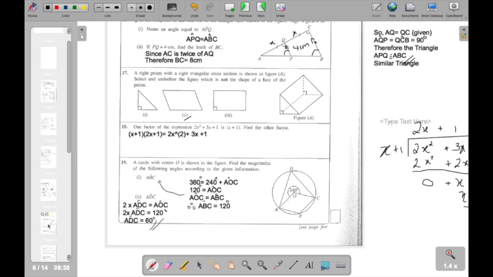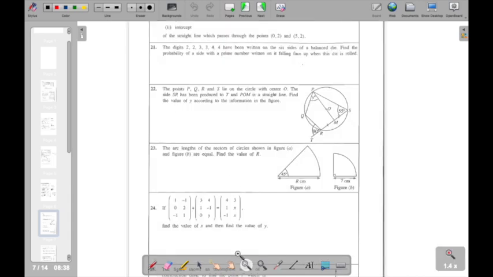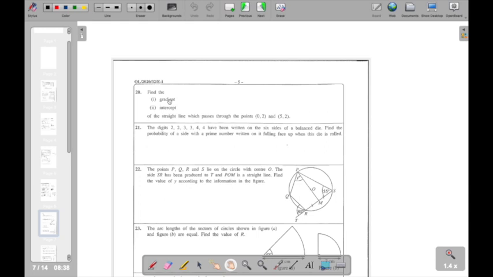Right, so moving on to the next page, which is going to be a really easy question. They have said to find the gradient and the intercept of the straight line which passes through these points. So first of all, you have to identify what this is. This is a straight line passing through 2 different coordinates, namely (0, 2), and right here you can find another coordinate that will be (5, 2).